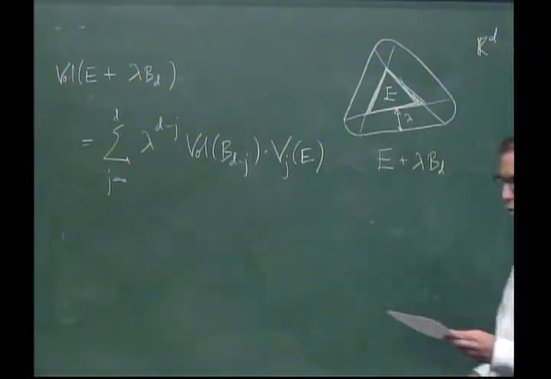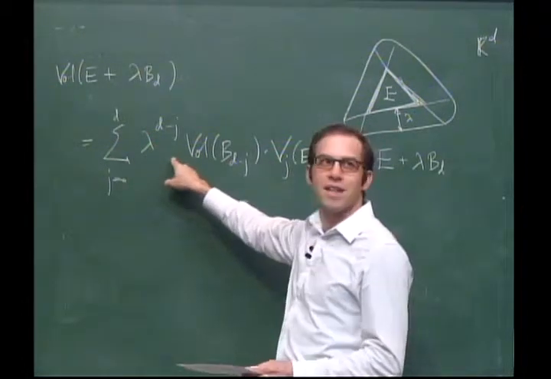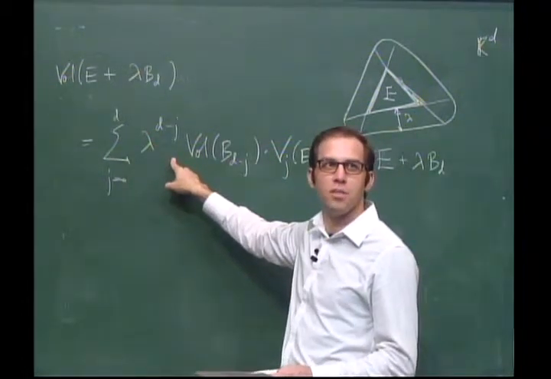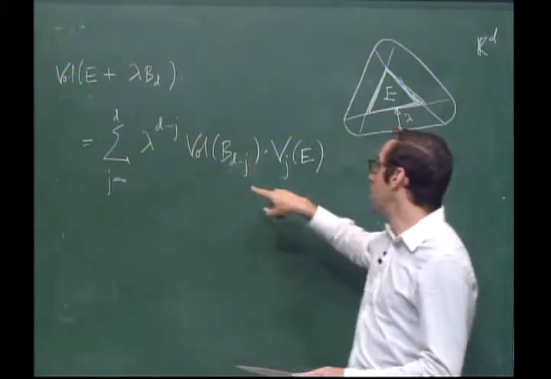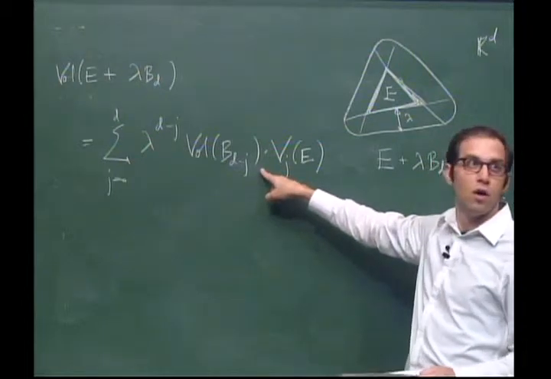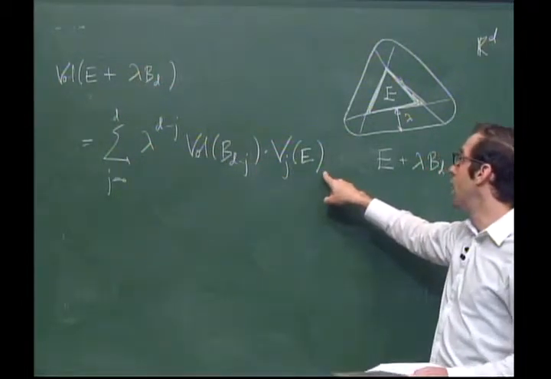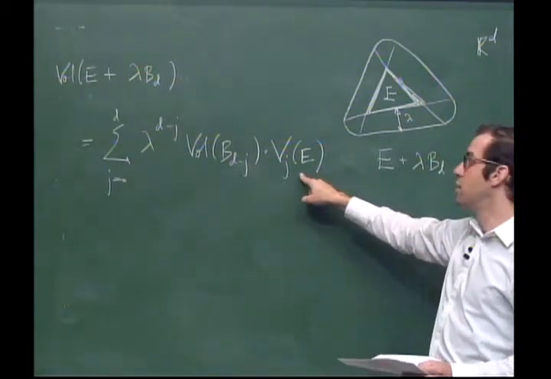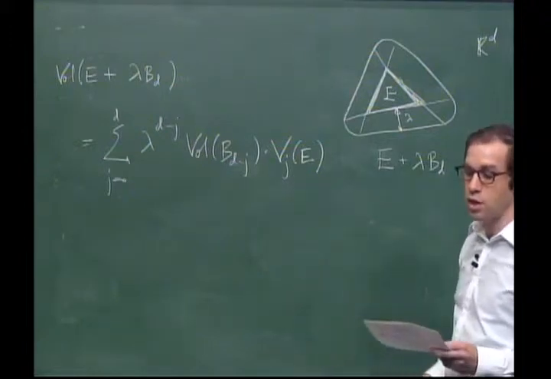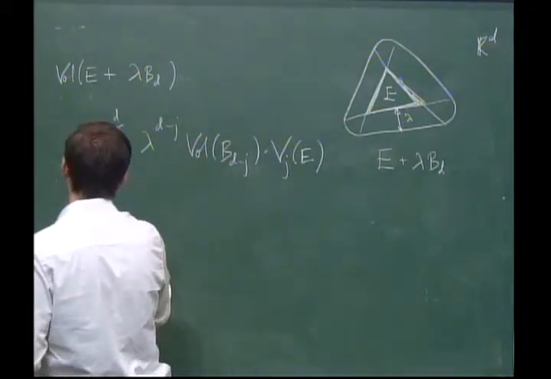So, in other words, the volume of this parallel body is in fact a polynomial in the size of the expansion. There's a normalization factor that depends on the index, and that's just the size of a Euclidean ball. And the only role that the set E plays is through this quantity V_J, which is called a Euclidean intrinsic volume.